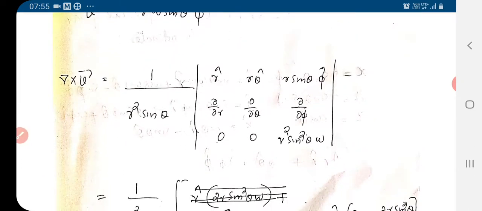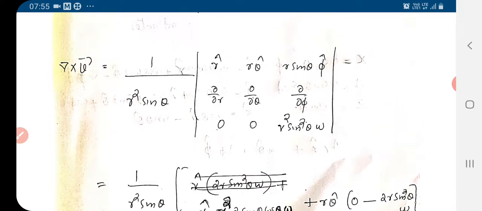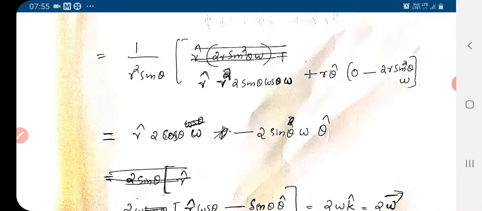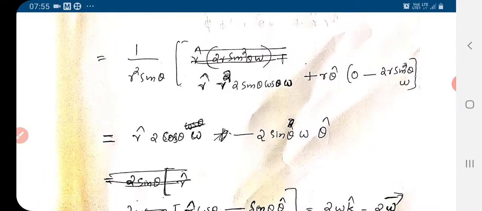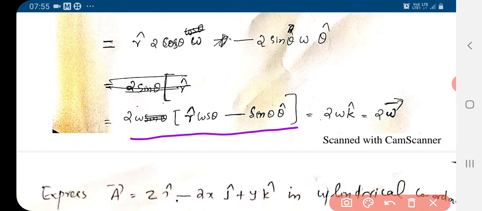So we substitute it here, 1 by r squared sin theta, and we evaluate this determinant, and as we evaluate we get 2 omega (unit vector r cos theta minus sin theta theta).